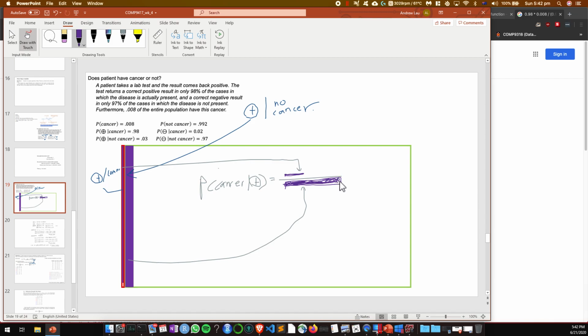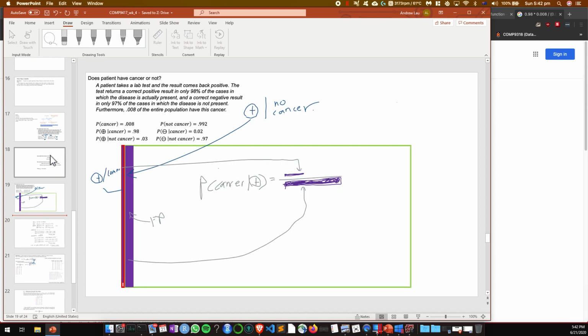It's purely because the incidence of cancer in this example is so low that even if you pick up all the positives, it's dwarfed by the false positives that are just coming through. So that's a bit of intuition as to why this is the case.